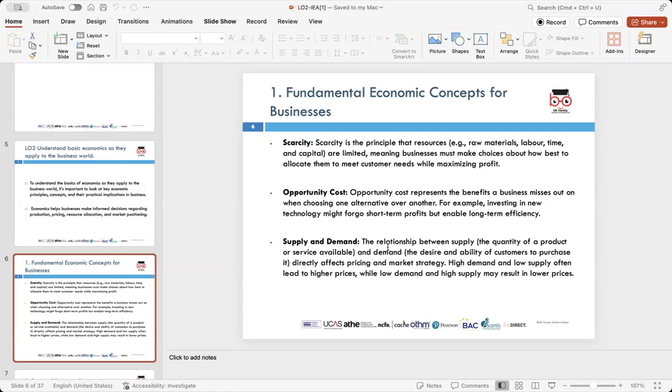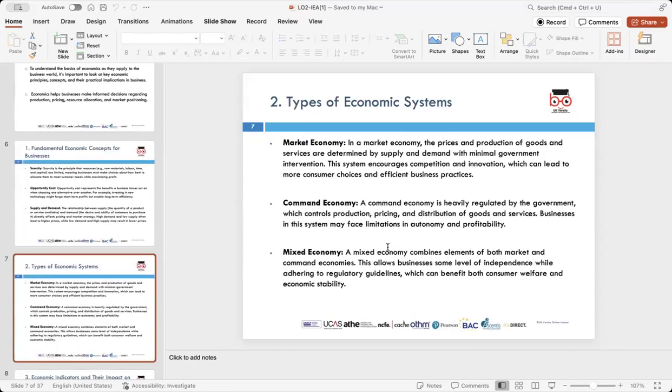If demand declines, businesses may need to lower prices or reduce production to avoid losses. Understanding these market dynamics allows companies to adjust their pricing strategies, production levels, and inventory management accordingly. Any questions so far?